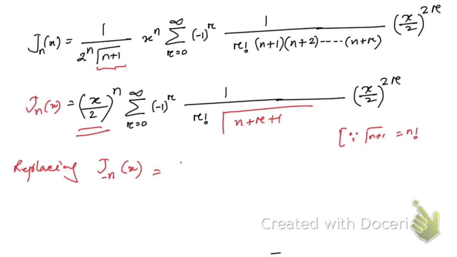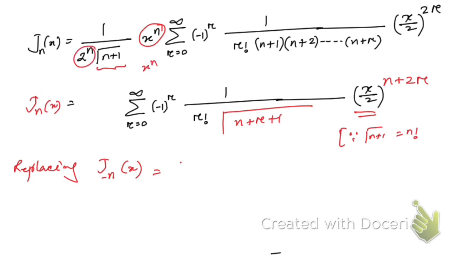If you multiply this term with this, then you can write this function in this way. Then here we need to write n plus twice r, right? So this x by 2 whole to the power n, if you multiply this one and this, then you will get this, right? So hope you have understood this.